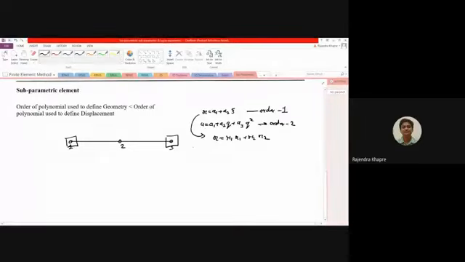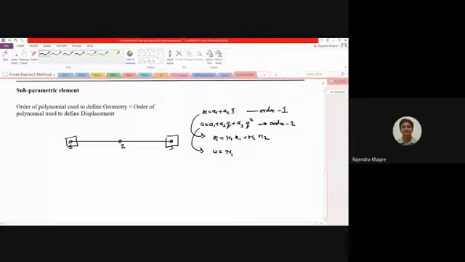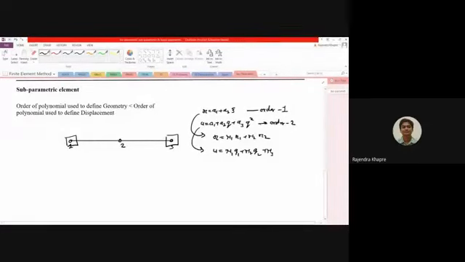But to define the displacement, we are using all 3 nodes: node 1, node 2 and node 3. Therefore u will be N1 q1 plus N2 q2 plus N3 q3. You can see the difference, because here only 2 nodes are used and here 3 nodes are used.